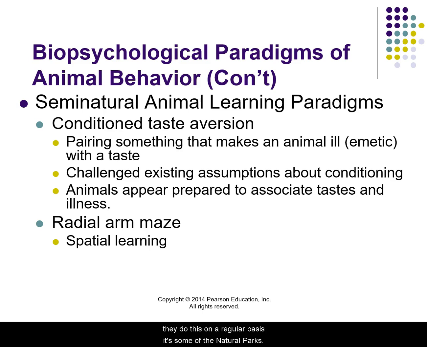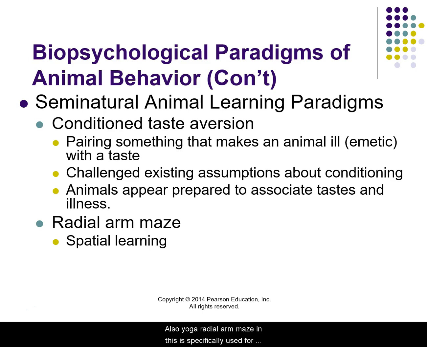They do this on a regular basis at some of the national parks around the nation, where they're trying to keep coyotes or wolves from eating livestock and that kind of thing. So once they eat that animal and they get sick from it, they normally stay away.